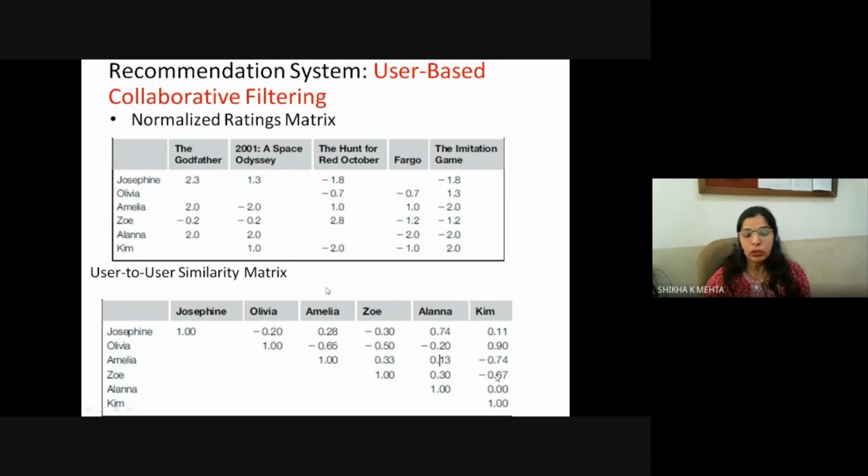After computing the user to user similarity matrix, based on this, we compute the recommendations, and then we provide those recommendations to the unknown user for any of the new products or services. This is how these collaborative filtering systems work.